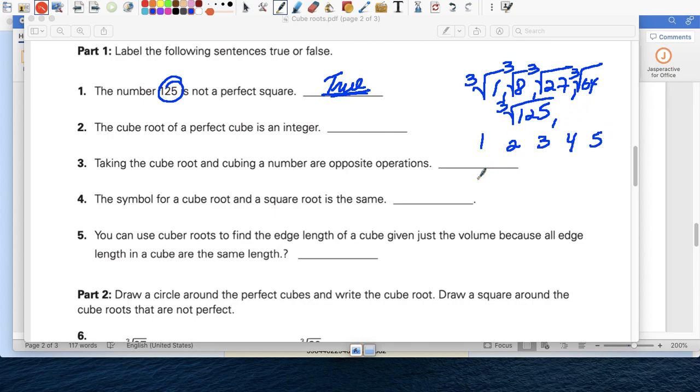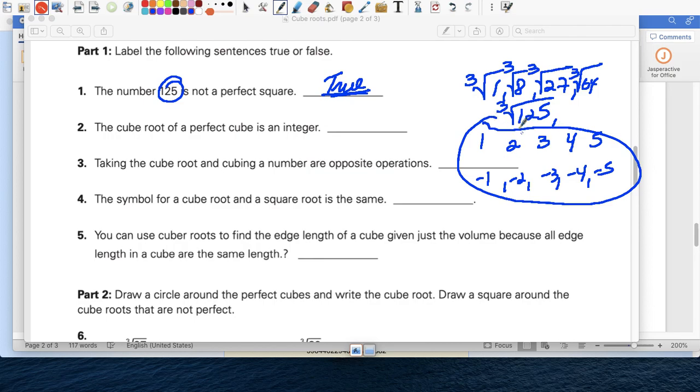Even if it was negative, it could have been negative 1, negative 2, negative 3, negative 4, negative 5. So it's always an integer. Remember, these numbers belong to the integer family. So is that true? Yes, but they have to be a perfect cube, which is what that says. So that's also true.